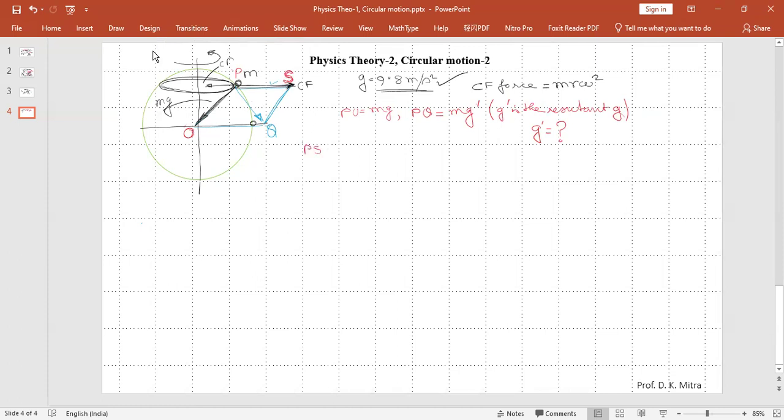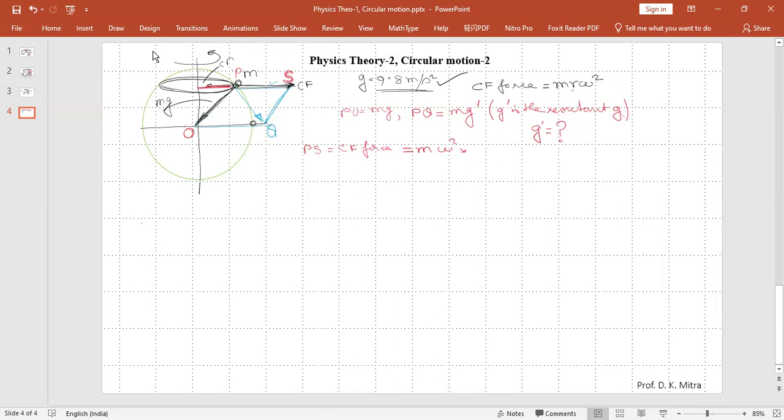PS is equal to centrifugal force, which is equal to, we know from the last day's lesson, centrifugal force equal to m omega square multiplied by r, or the radius of rotation.